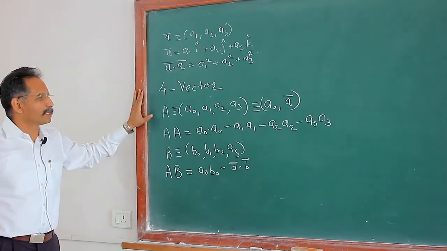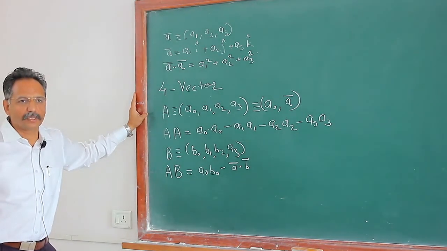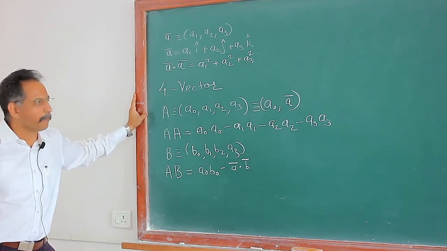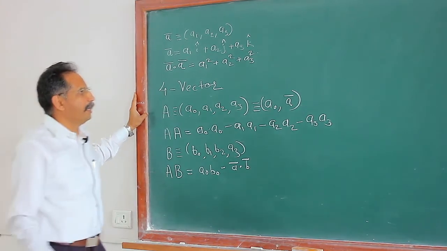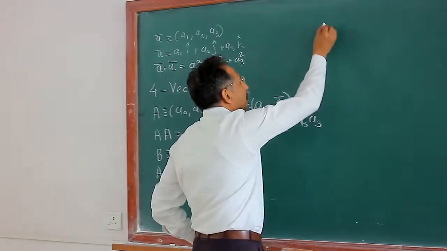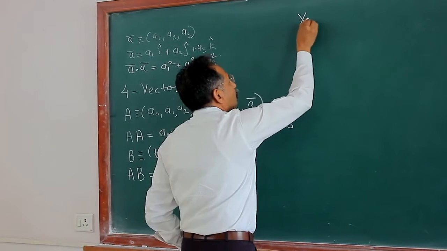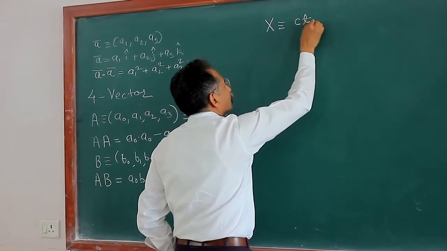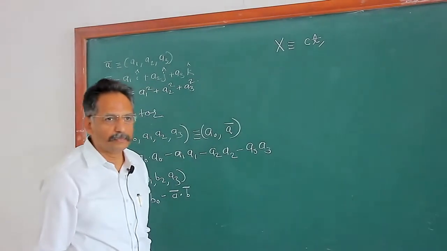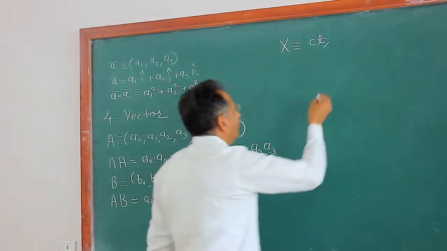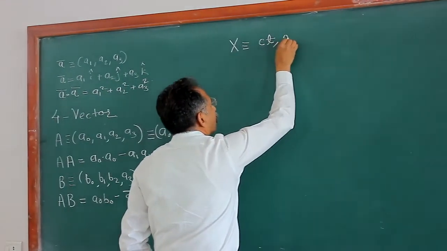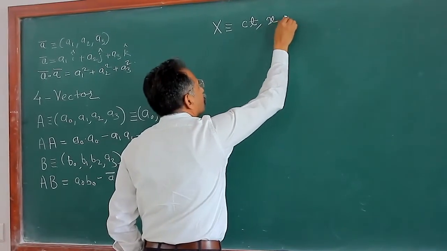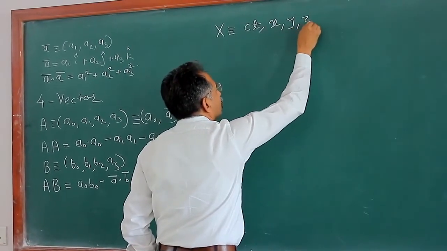Now we can explore this for relativity, because in relativity we represent an event. Event we represent by c t, first coordinate having dimensions of length, then x, y and z.